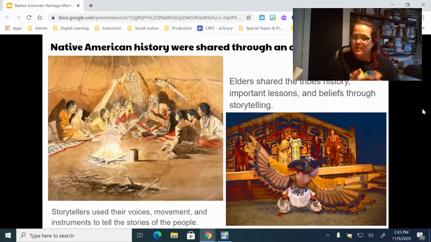So this picture might be inside of a hide tent or teepee, but not all native tribes lived in teepees. To the right, you'll see a native dancer, and he's acting out one of the animals represented in a story that is part of the oral tradition of his tribe.